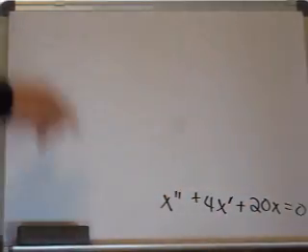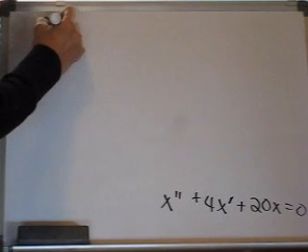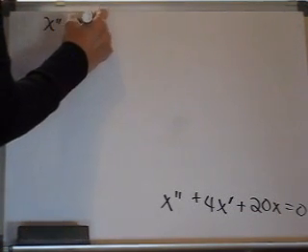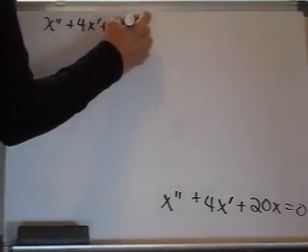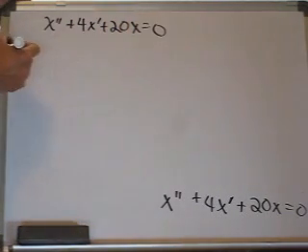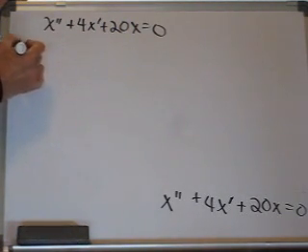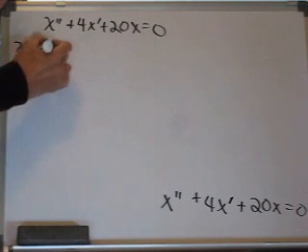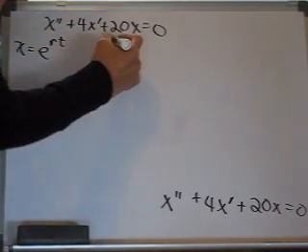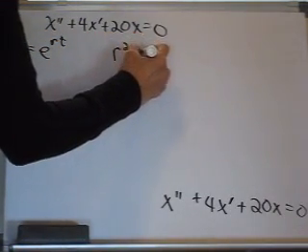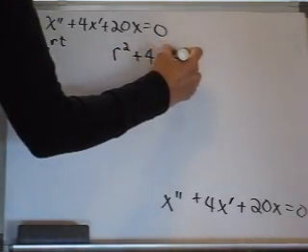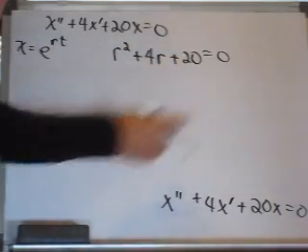So to solve this differential equation, x double prime plus 4x prime plus 20x equals 0, I will assume the solutions look like e to the rt. That will give me an auxiliary equation that looks like r squared plus 4r plus 20 equals 0.